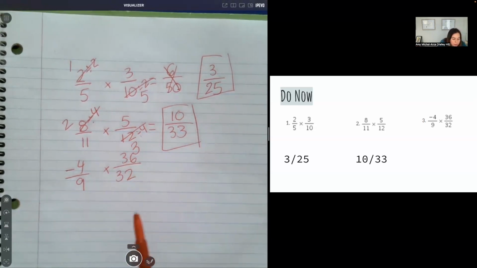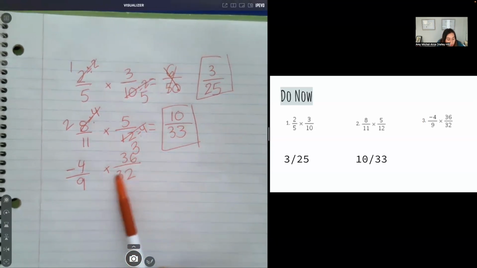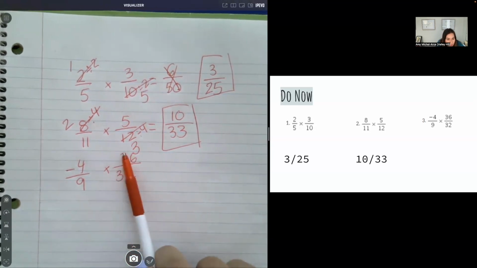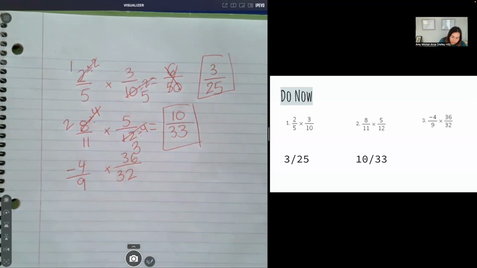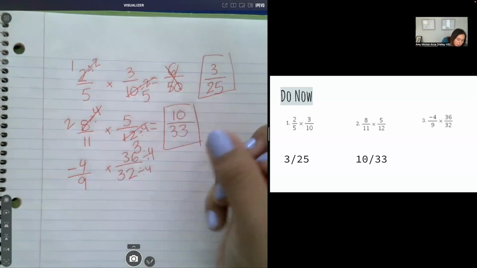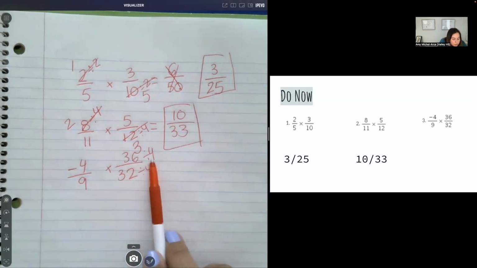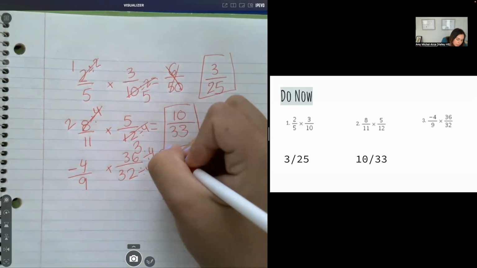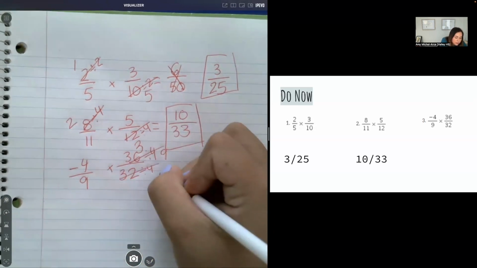So we have 4. Well, 32 is divisible by 4. 36 is also divisible by 4. So now 36 divided by 4 gets us 9. And over here, this gets us 8.